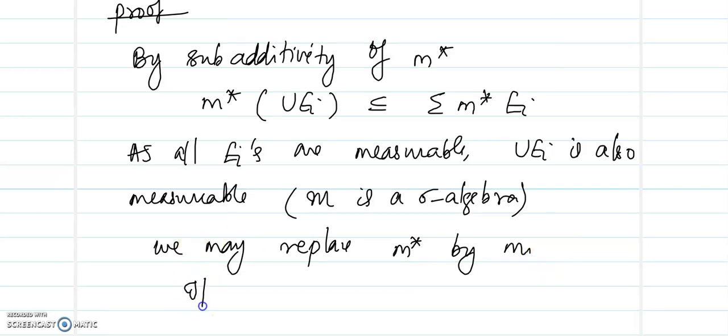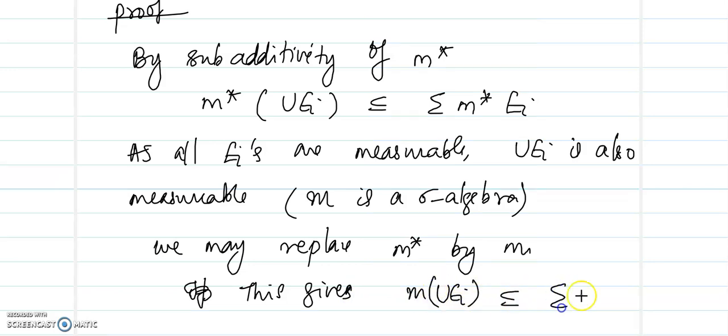This gives m of union E_i less than or equal to summation m of E_i. So this is the first part of the proof.